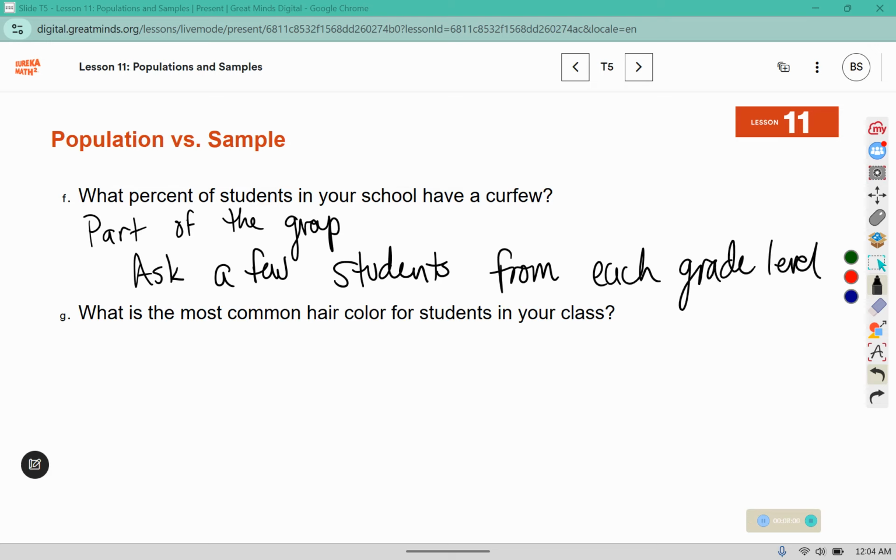What is the most common hair color for students in your class? There aren't too many people in our classes, so we could use data from the whole group. And we could observe and record the hair color.